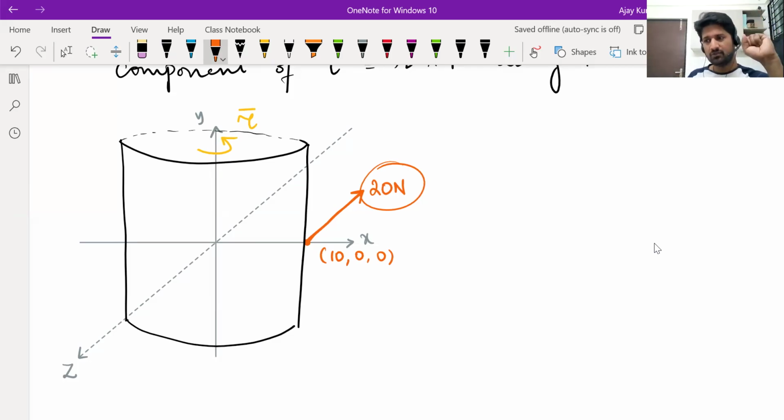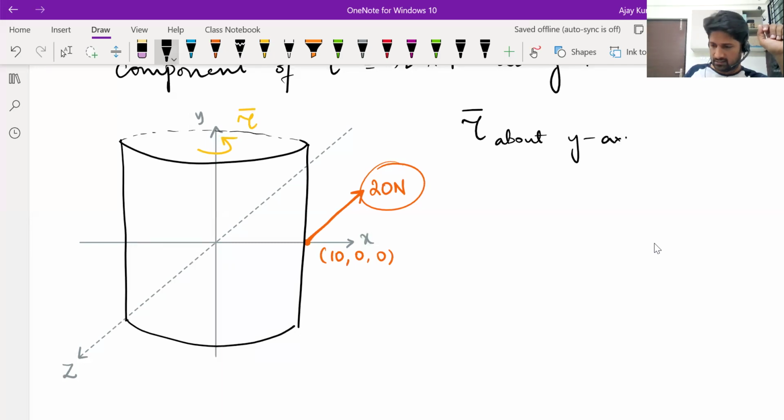Now our aim is to find out how much torque it produces about the y-axis, and we'll express that as a vector. So what I'm asking you to calculate is the torque produced by this force about the y-axis. Not a single point, but an axis.